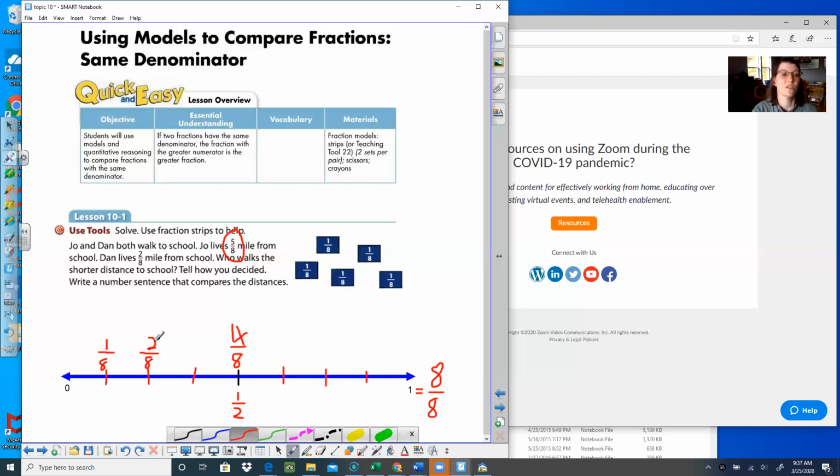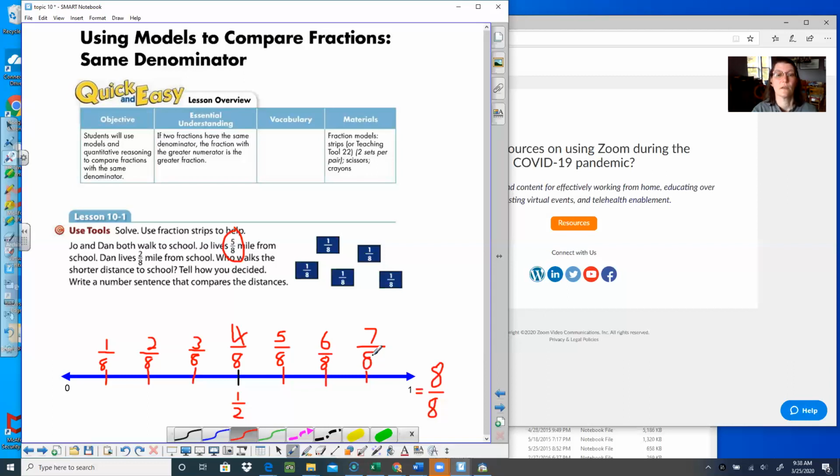Okay, so 1/8, 2/8, 3/8. Oh, that's a messy one. We've already got 4/8. So here's 5/8. And now 6/8. And now 7/8. Oh, my numbers are growing as they're going. 8/8.